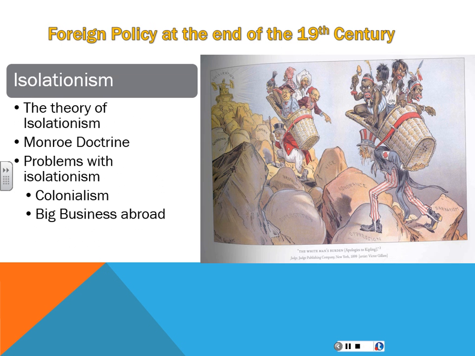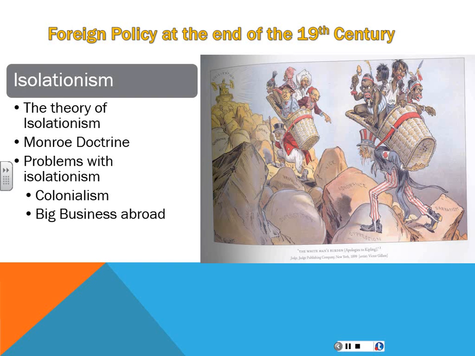Now, during this time period, we are having a problem. Since 1815, we have espoused this concept of isolationism. And isolationism actually goes even farther back to President Washington's farewell address of 1797, in which he says two things, really.